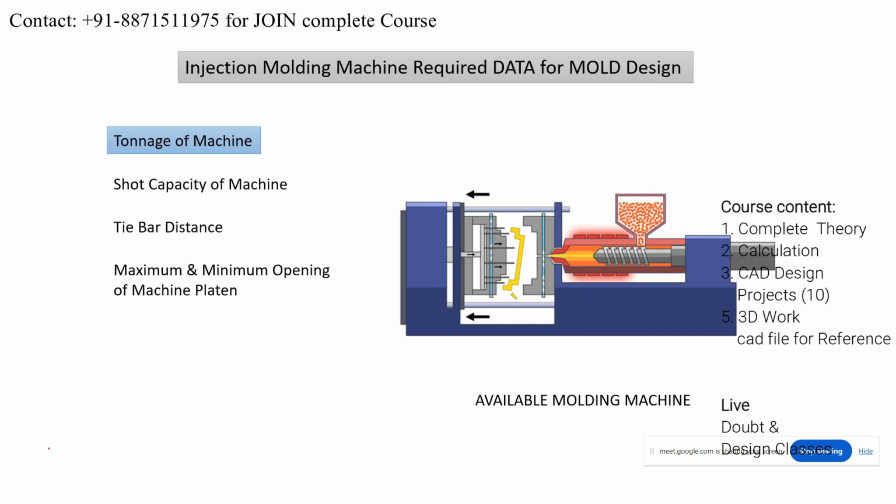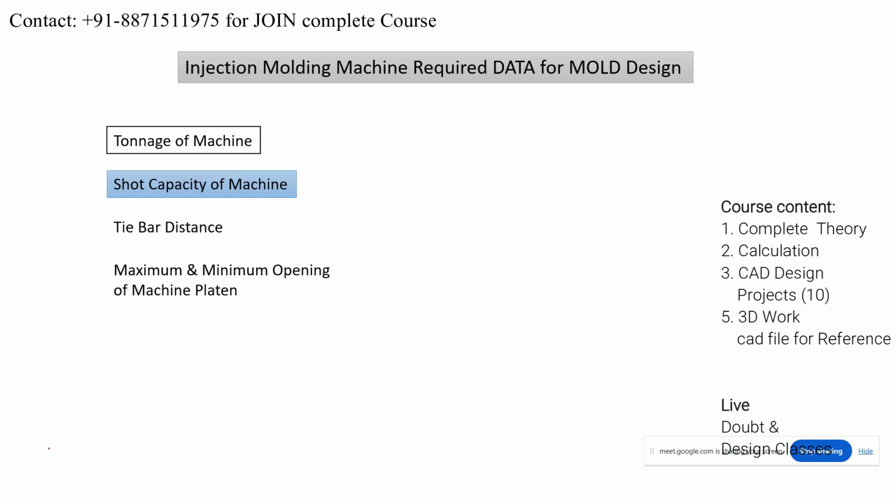Okay, shot capacity. What is the meaning of shot capacity? I'm talking about the shot capacity of the injection molding machine. It means how much material we can feed or fill into the impression during one shot. It is known as shot capacity, right?